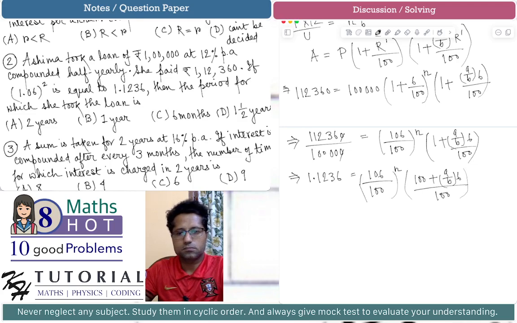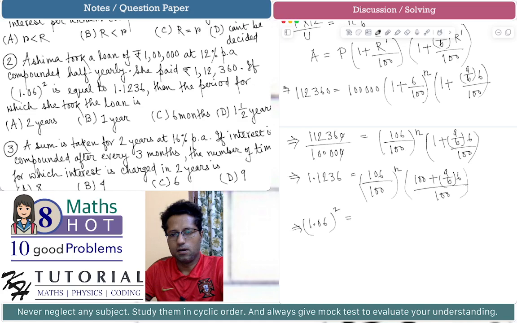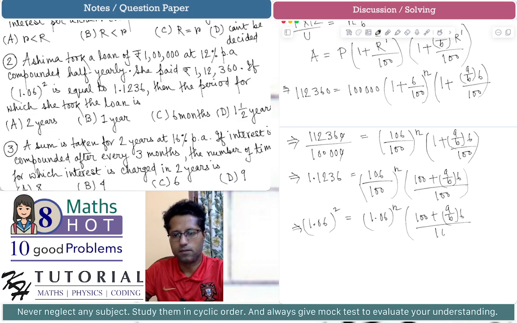Okay, so this implies it is given that 1.1236 is equal to 1.06 square, which is equal to 1.06 to the power n, and we have 100 plus a by b, 6 divided by 100.